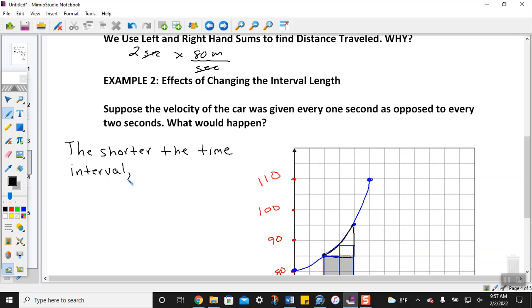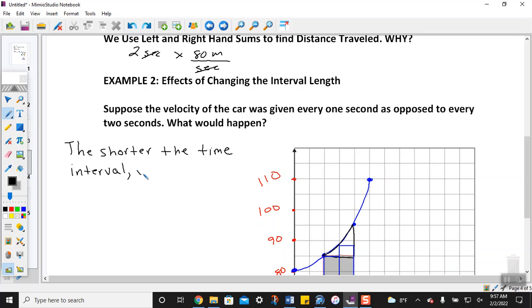The more accurate, or I don't like the way I wrote it. Does it say the shorter the time interval, comma, we get a better estimate or a more accurate estimate?